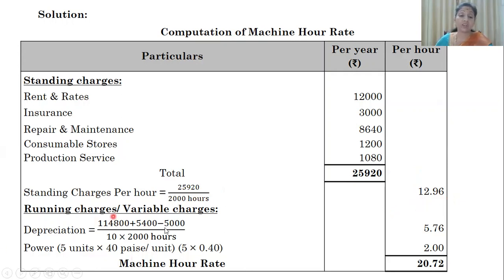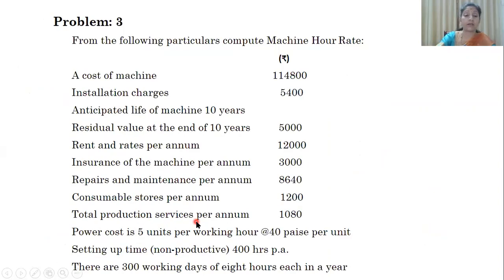Next is running charges, or machine expenses, or variable charges. First, we have to calculate depreciation. See here, the cost of machine 1,14,800 plus installation charges 5,400, then residual value at the end of 10 years, 5,000.